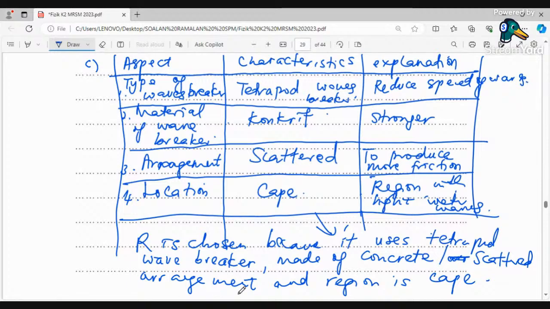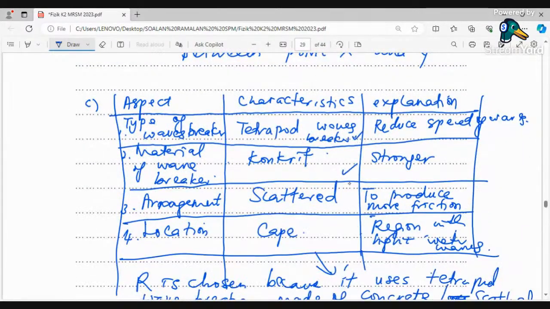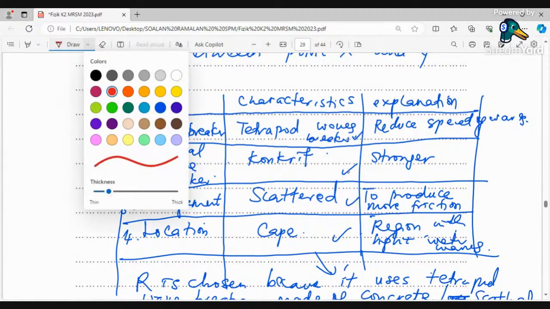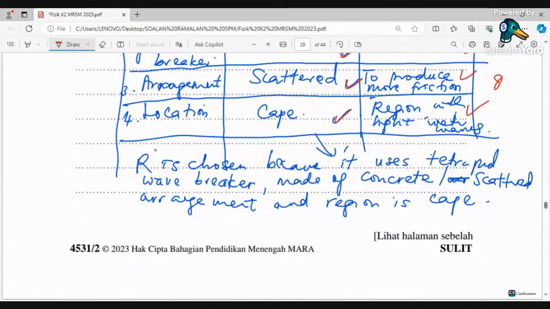Macam tu lah dapat 10 markah. Ini pun one pair. Dia kan separate semak, separate semak. 1, 2, 3, 4. Dan reason betul 1, 2, 3, 4. 8. Lepas tu you choose betul 1. Lepas tu you write again the reason 2. Jadi jumlah 10 marks.